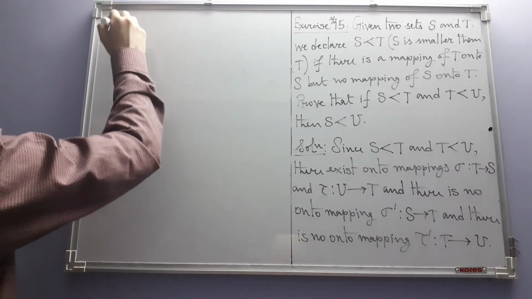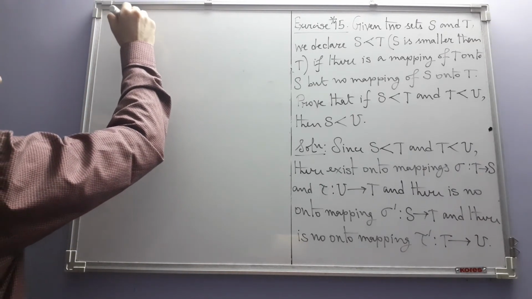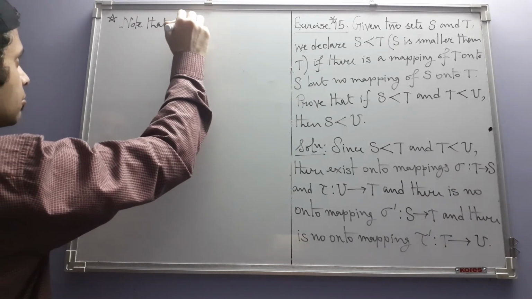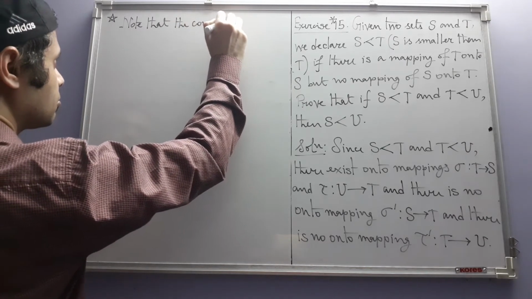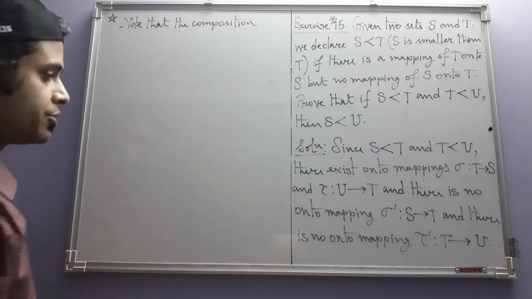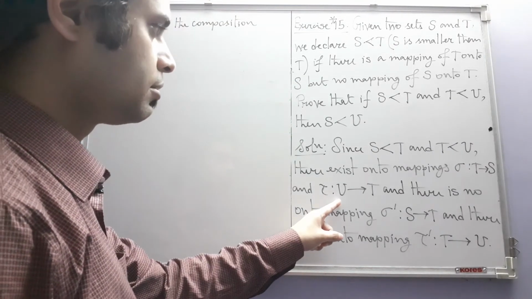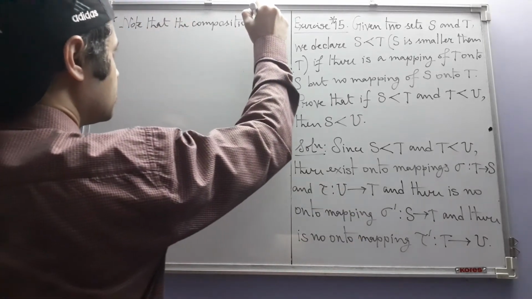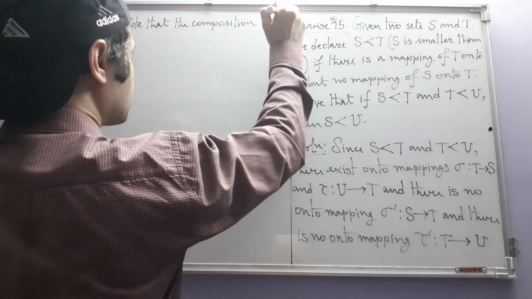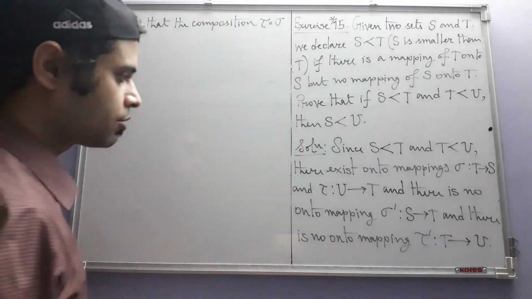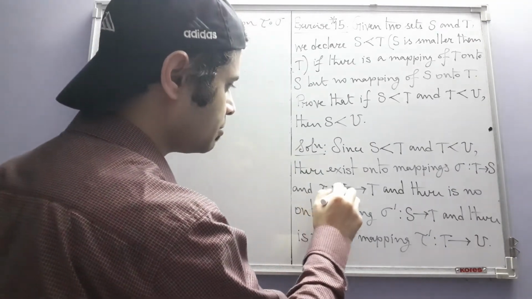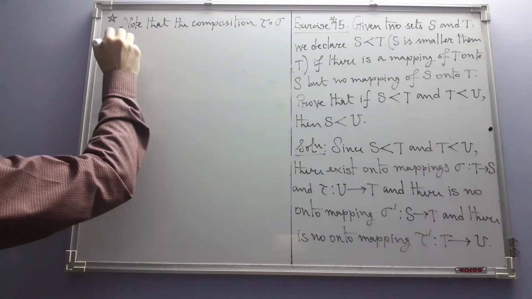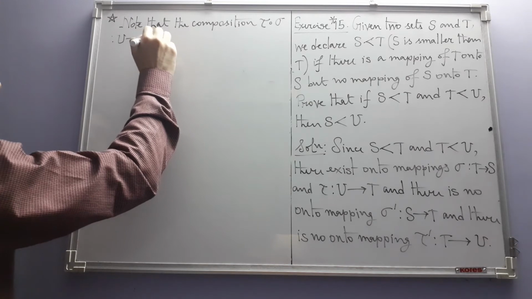Okay. Note that the composition tau composition sigma takes us first from U to T and then from T to S. So it will ultimately take us from U to S, and it is onto.